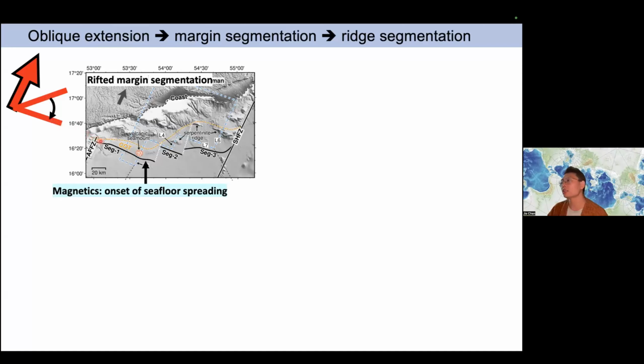Our interpretation is that the obliquity may be accommodated by these two lateral offsets, the blue and white dashed lines. This builds the margin segmentation, segments 1 to 3.